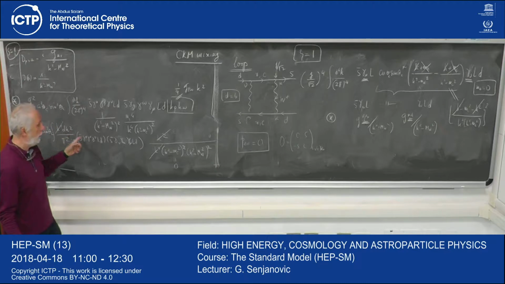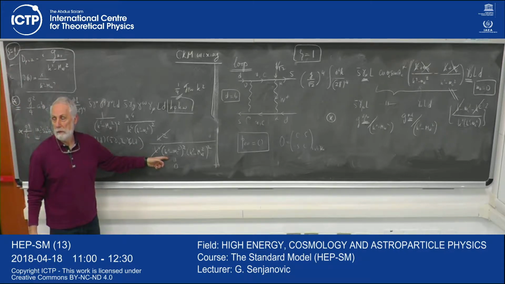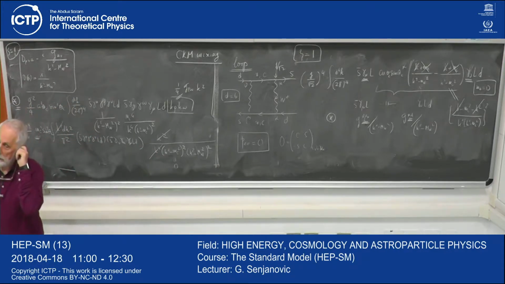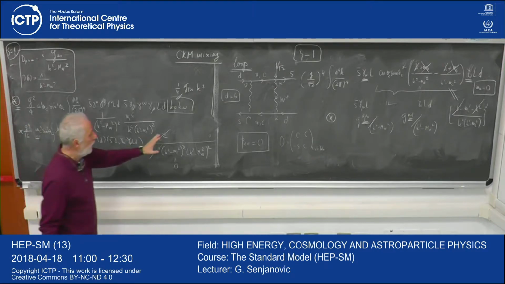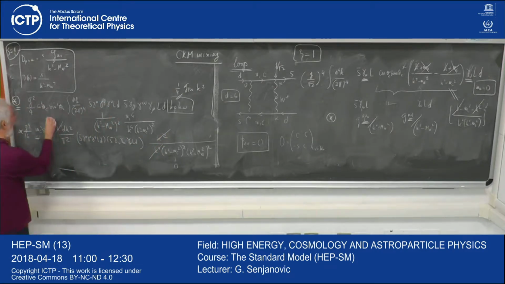I get dk squared over k to the 4th. That's dx over x squared, it's quadratic. This loop, I'm not going to compute it, but you will compute it. There are no external momenta. This is proportional to 1 over mc squared. So it happens.